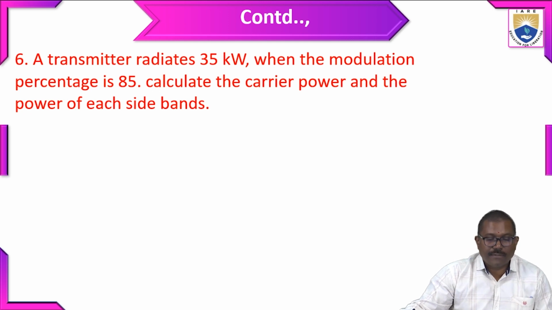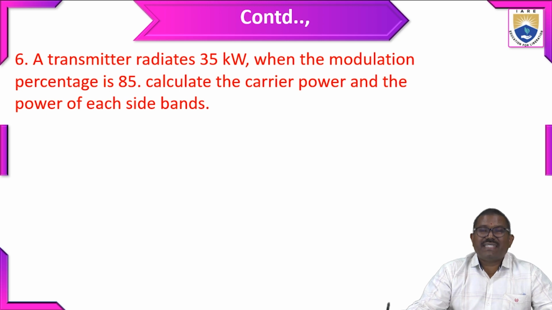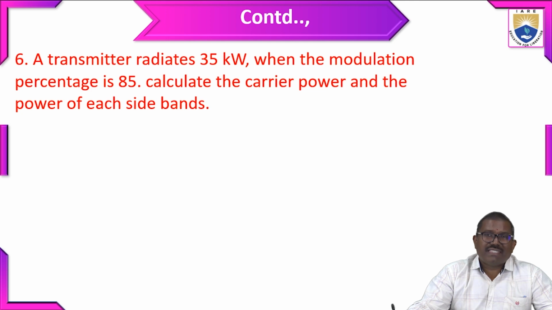Now the sixth one. Here the transmitter radiates 35 kilowatts when the modulation percentage is 85. Calculate the carrier power and the power of each sideband. Here they give the total power and the percentage of modulation.